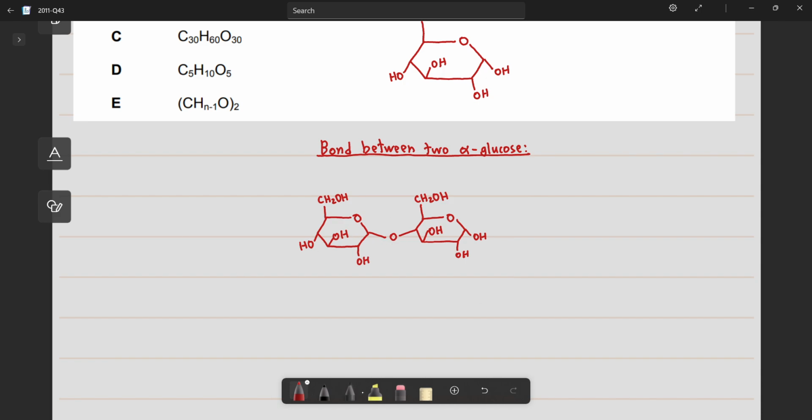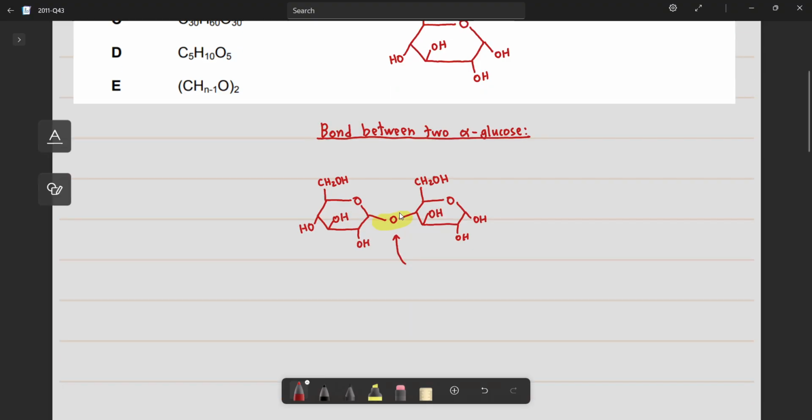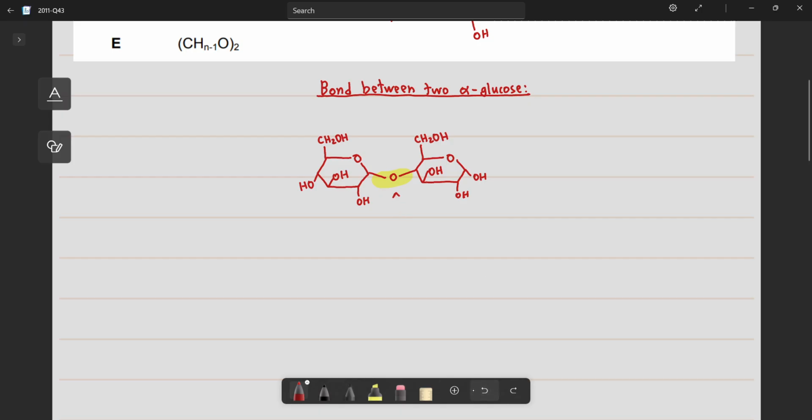So this specific bond over here that you see, this bond is called the 1,4-glycosidic bond.